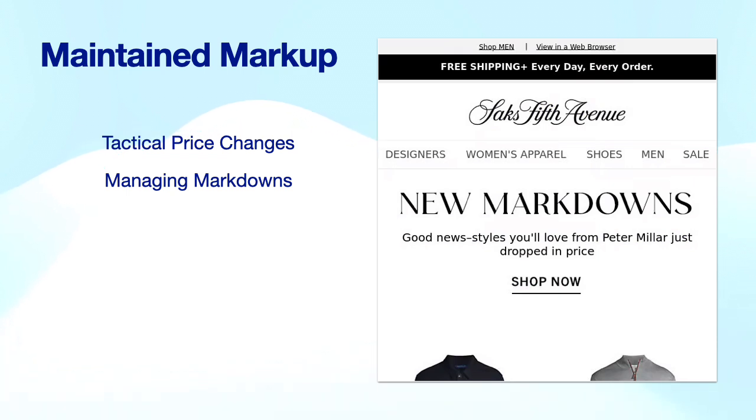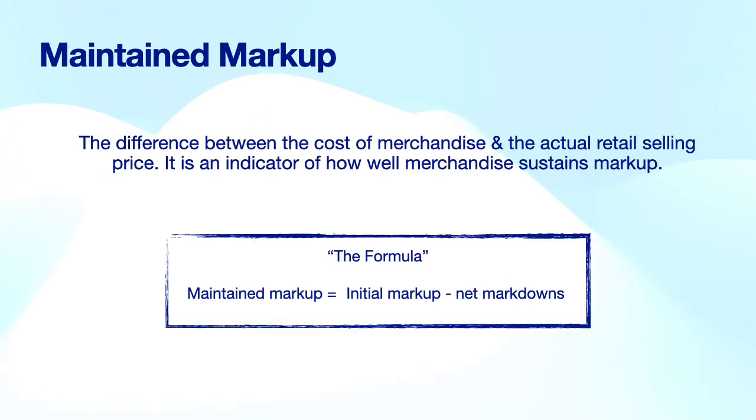Maintained markup. So we're going to talk about tactical price changes and managing markdowns. Maintained markup is the difference between the cost of merchandise and the actual retail selling price. It's an indicator of how well merchandise sustains markup.